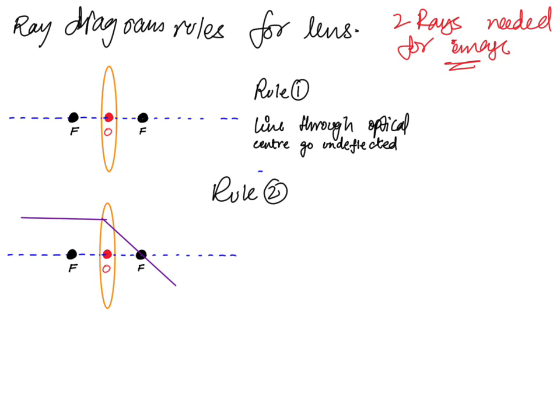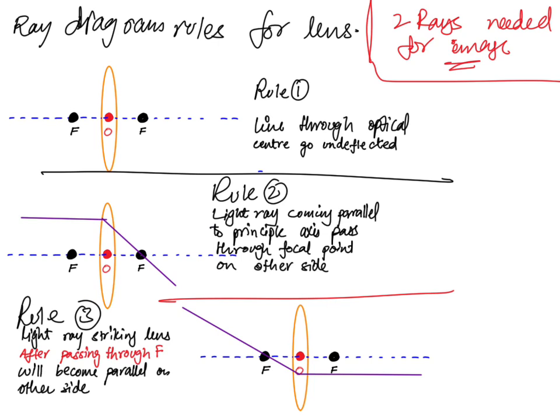So any line coming parallel to the principal axis will pass through the focal point after striking the lens. And any line that strikes the lens at the optical center will go undeviated. Cover this for a while, okay? Will go undeviated. Got it? Undeflected. Alright, so moving on.